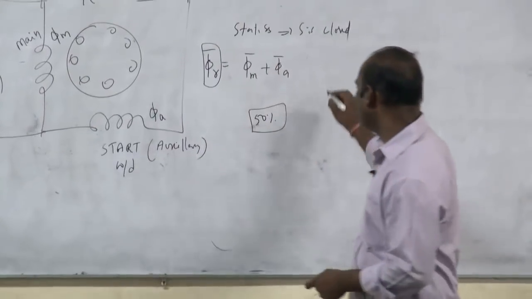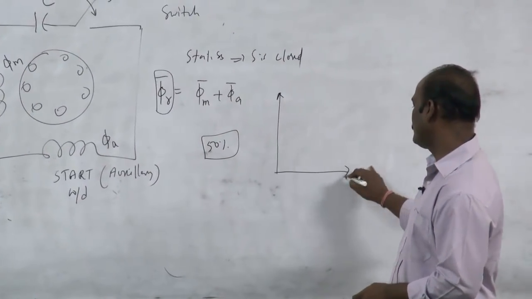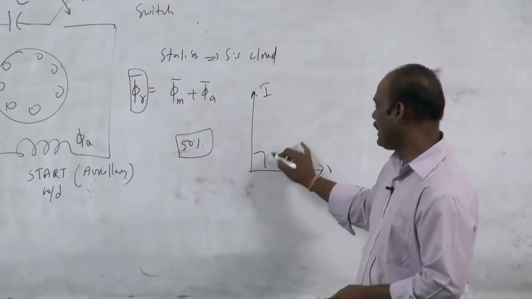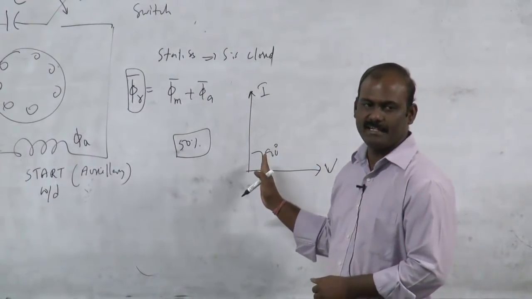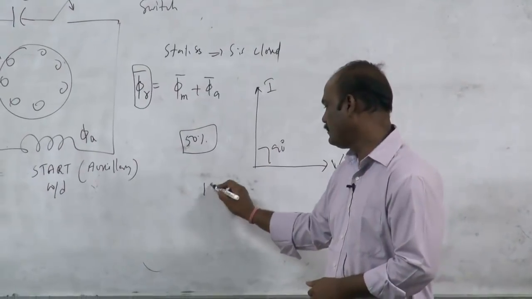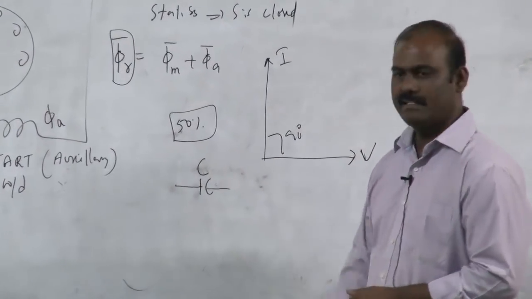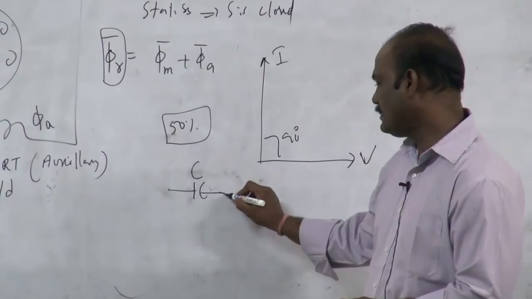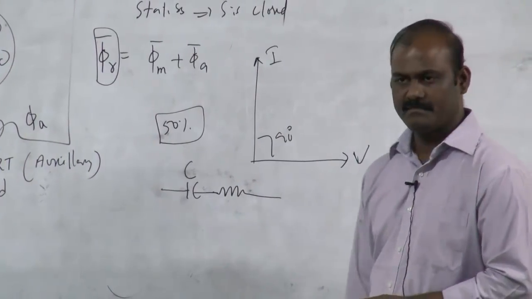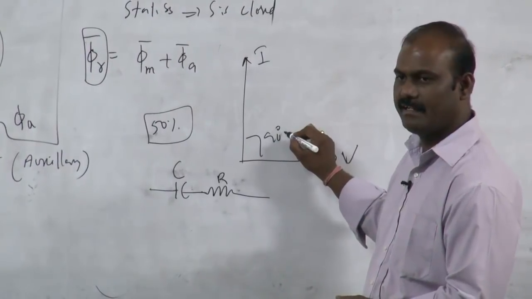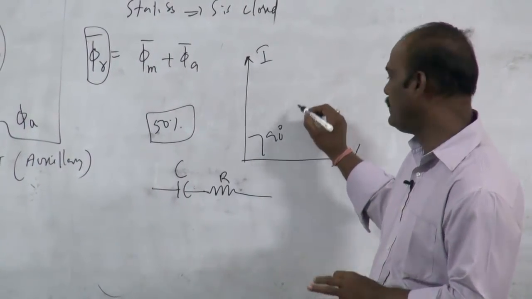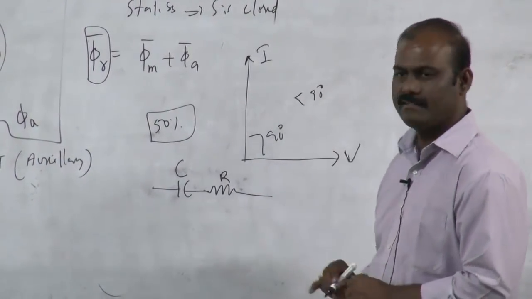So this phase angle, voltage, current, the angle between this V and I can be made exactly 90 degrees by putting a C, right? But in practice, C is also having R, right? Due to this R and C combinations, this 90 degrees will not be exactly 90, it will be less than 90, right?